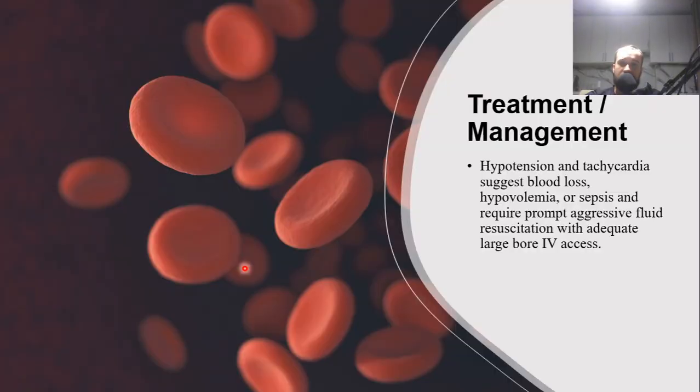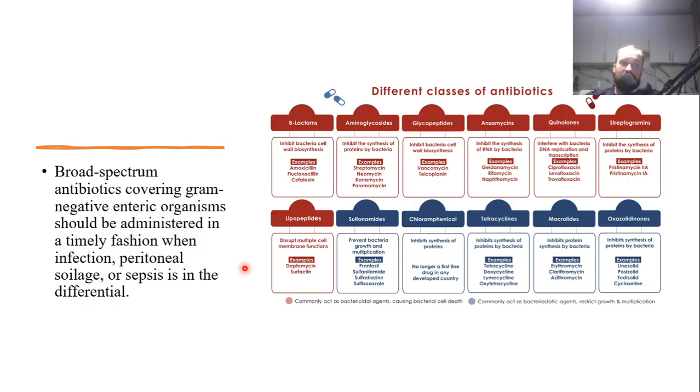Hypotension and tachycardia suggest blood loss, hypovolemia or sepsis and require prompt, aggressive fluid resuscitation with adequate large bore access. Broad-spectrum antibiotics covering gram-negative enteric organisms should be administered in a timely fashion when infection, peritoneal soilage, or sepsis is in the differential.